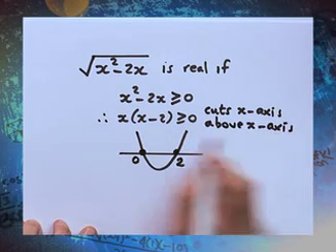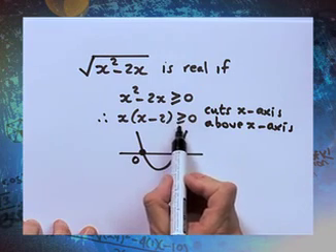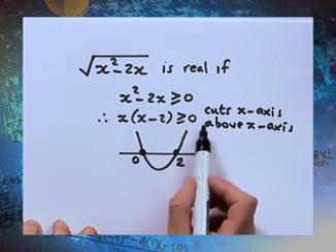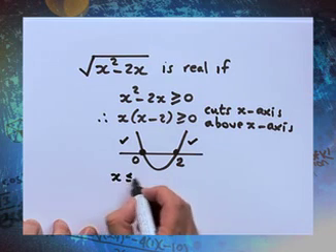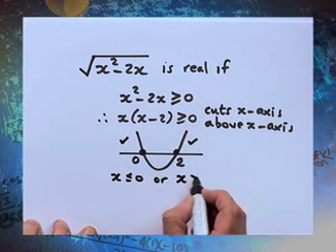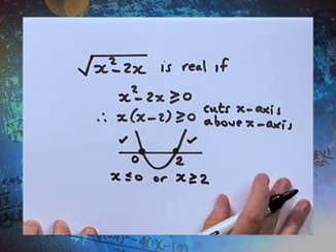It's above and cutting. So where's the parabola above? It's to this side and this side. So x is less than or equal to 0, or x is greater than or equal to 2. If you pick any value less than or equal to 0 or greater than or equal to 2, the expression will be real.